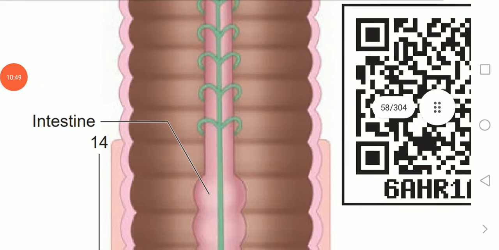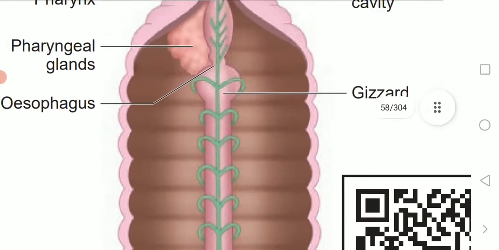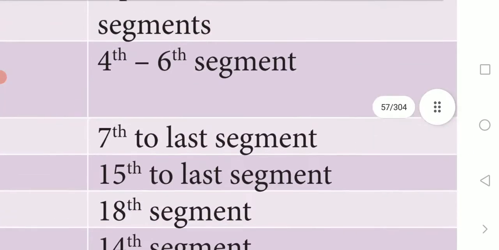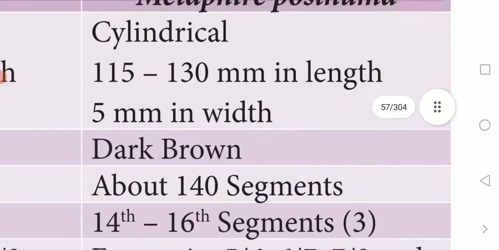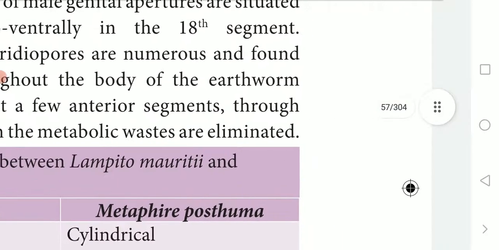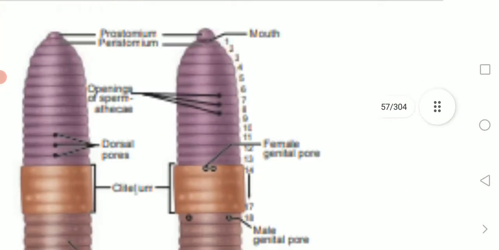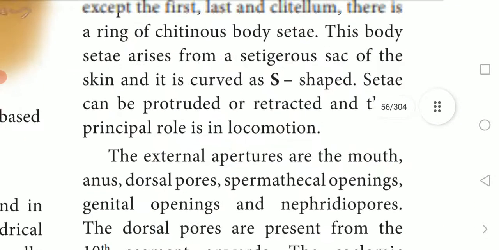You can go through the next one. There is some more information given here. We will see how an earthworm uses its hydrostatic skeleton to move here and there, or to crawl.